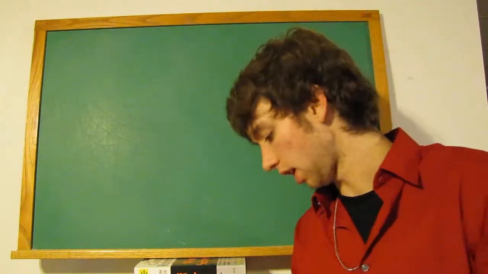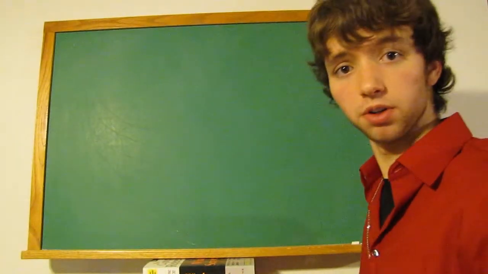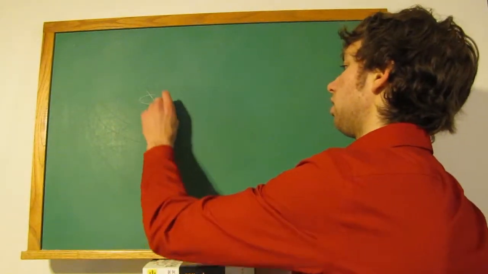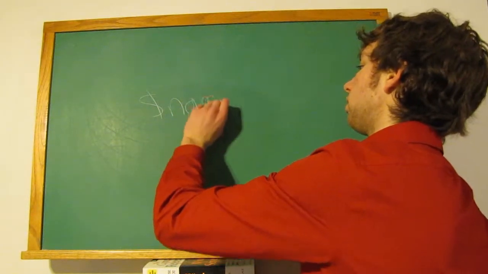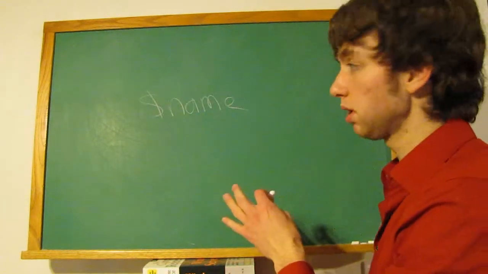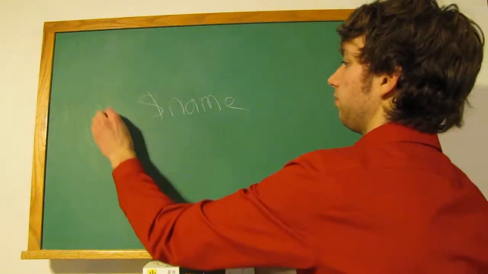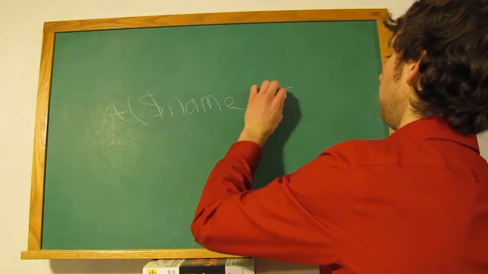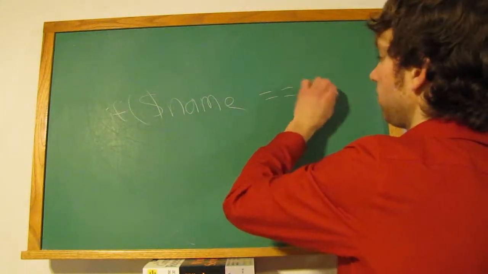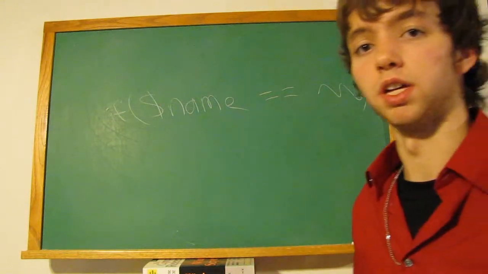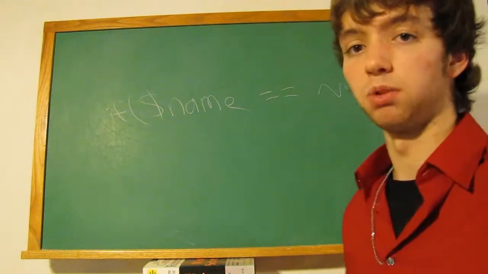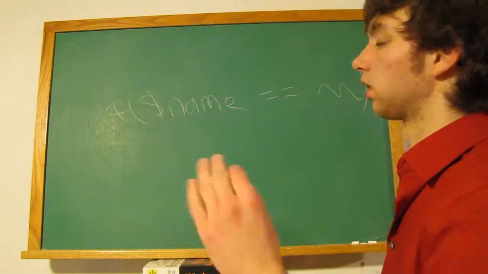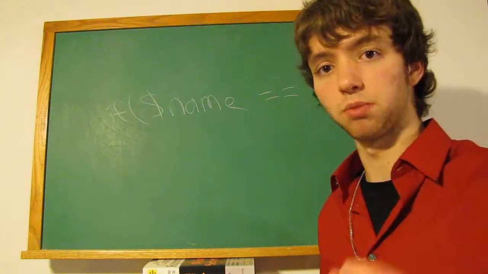You say, okay, in order to access this web page, if your name equals something, do this. Or if your name equals something else, allow access. So only certain people are going to get access to this web page.